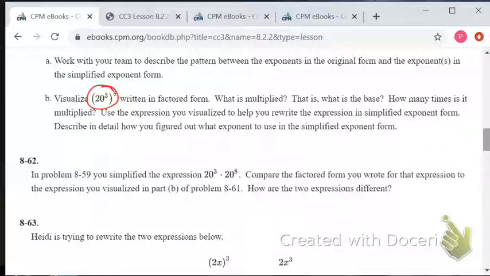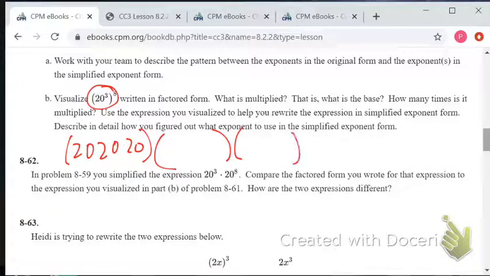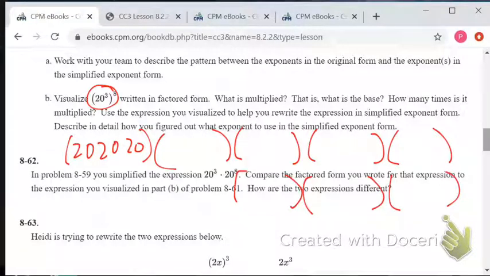So if you really wanted to, you could write 20 times 20 times 20, that's 20 to the third power, and you could rewrite that 8 times, right? But as you know, that's going to take you a long time. So what's the fastest way to solve it? Let's put our brains together and think here.